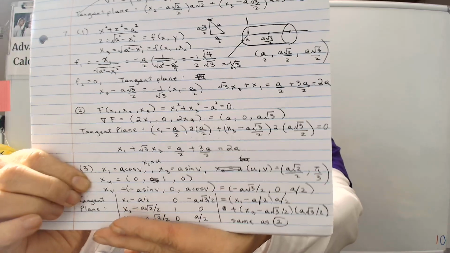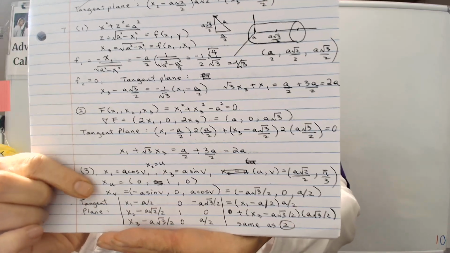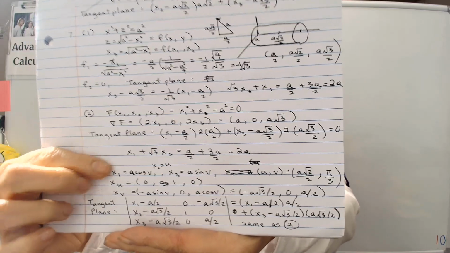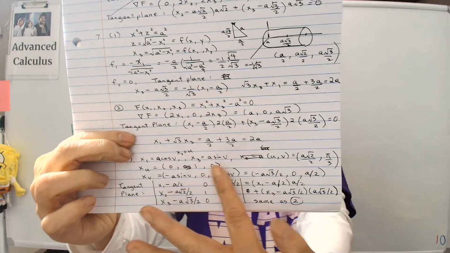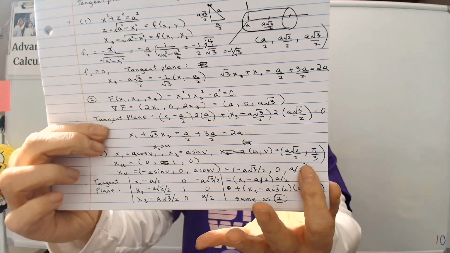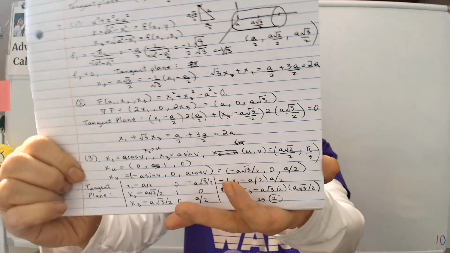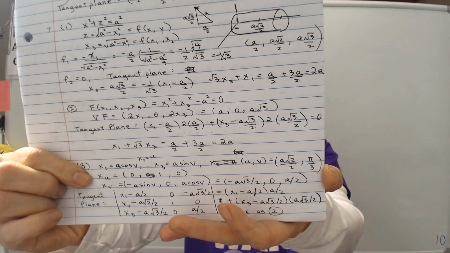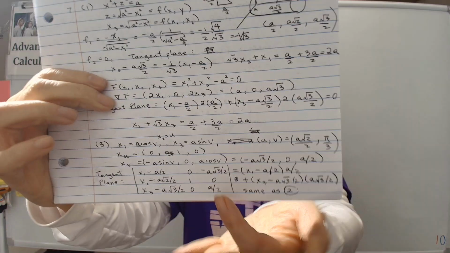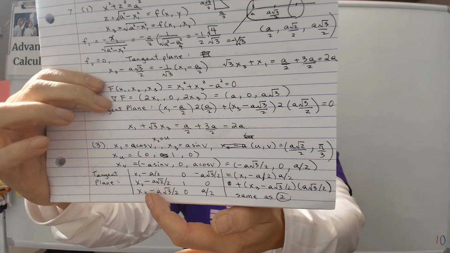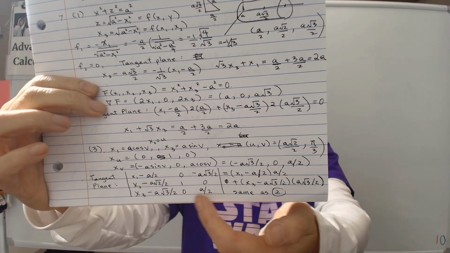With that, we calculate xu and xv, and figure out what u and v have to be for that particular point. Once we have that, we apply the formula for the tangent plane, which is the determinant of these things.